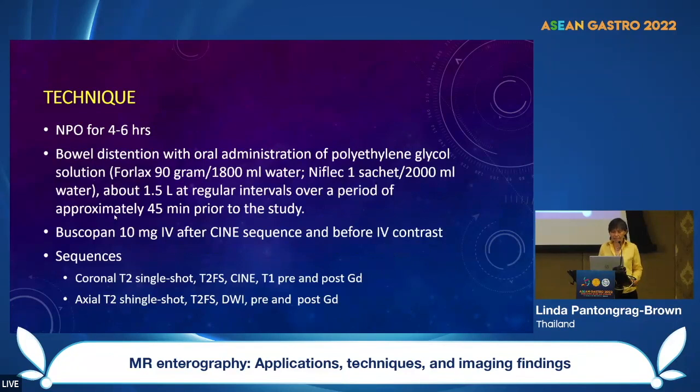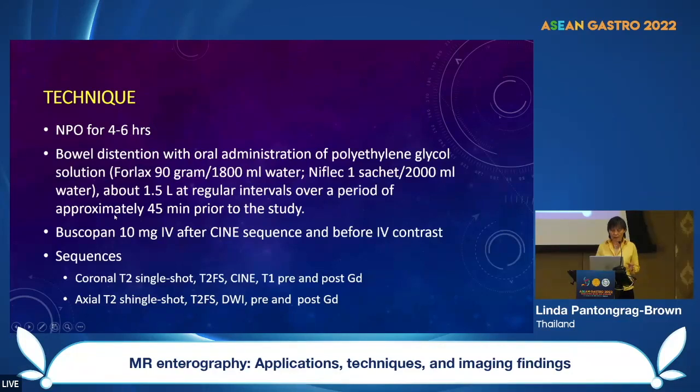The technique is also simple. The patient needs to be NPO for 4 to 6 hours, and then we need to distend the small bowel so that we can visualize it. There are different solutions that can stay inside the small bowel long enough for us to visualize it. In my practice, I use polyethylene glycol, with trade names you probably all know, like Forlax or Niflex.